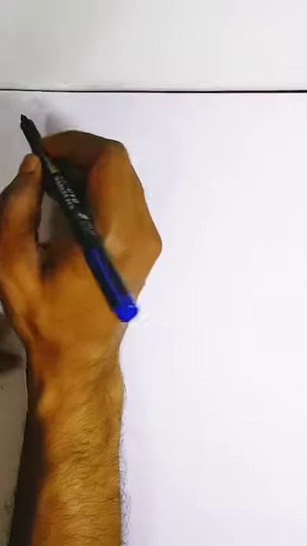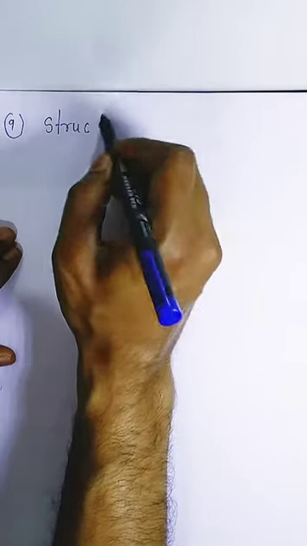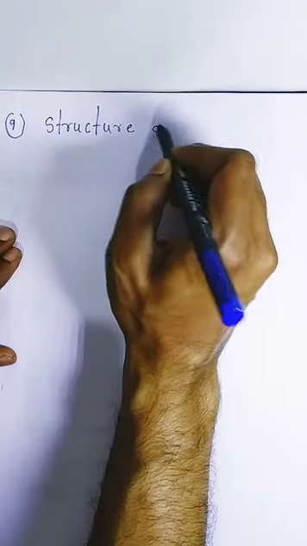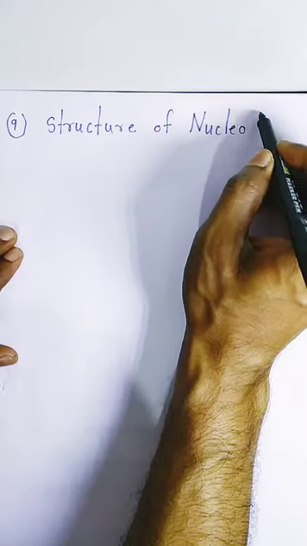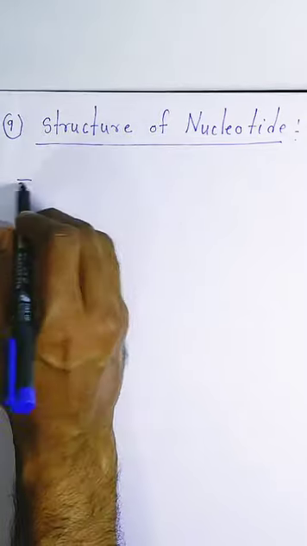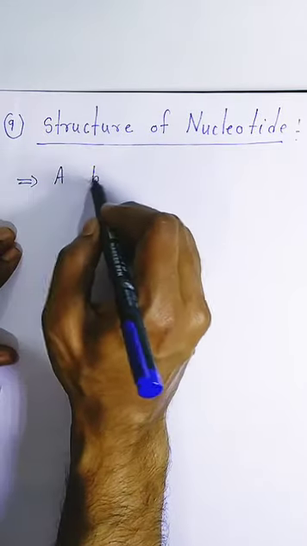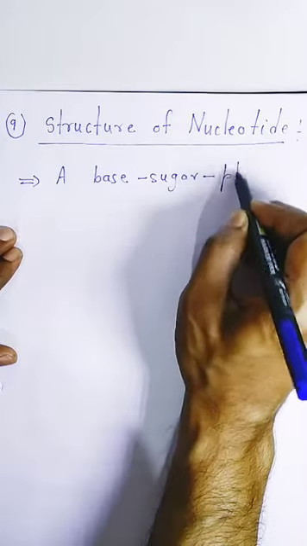Now students, we are going to see the structure of nucleotide also. In board examination sometimes they ask the structure of nucleotide, so you should know what a nucleotide is. Nucleotide is also made up of a base, sugar, and phosphoric acid.